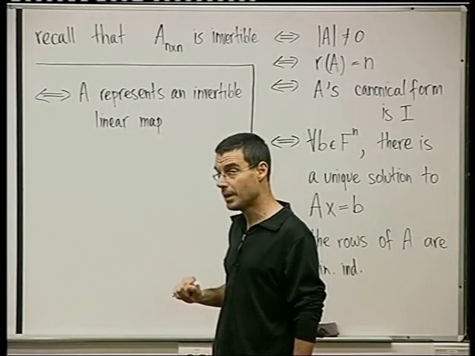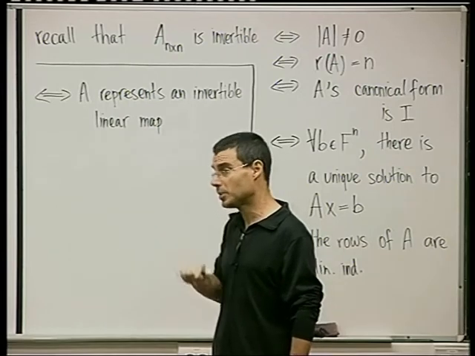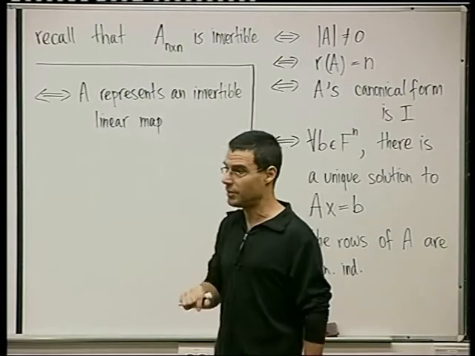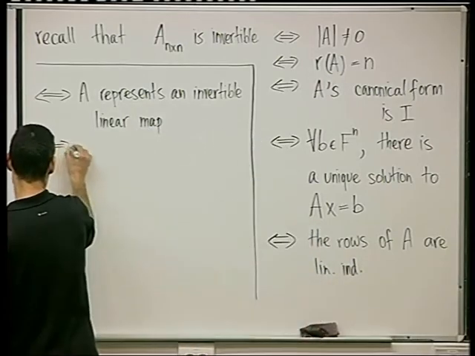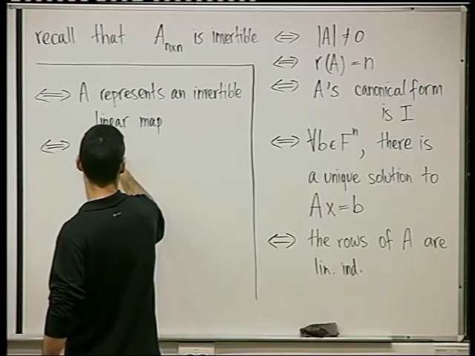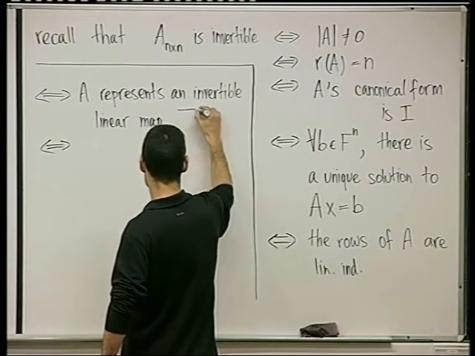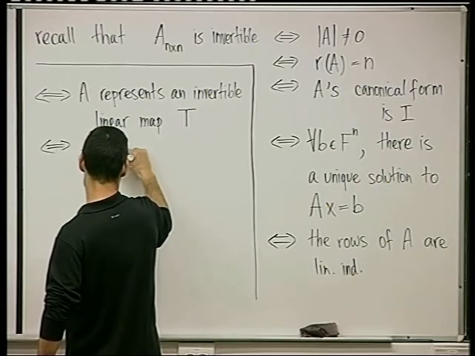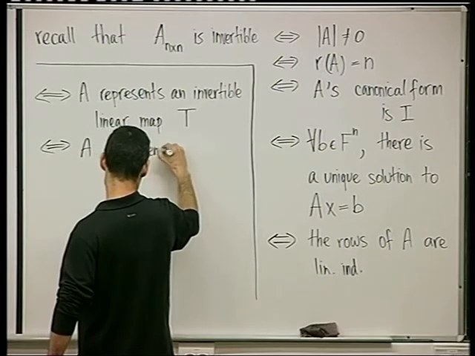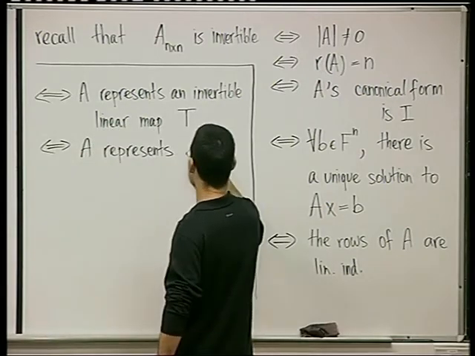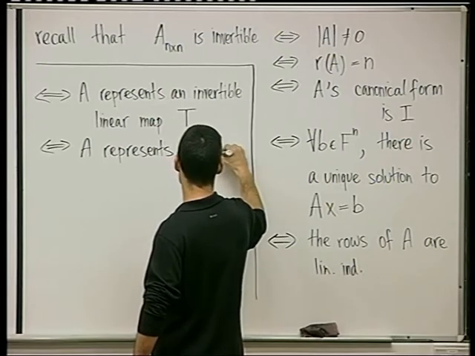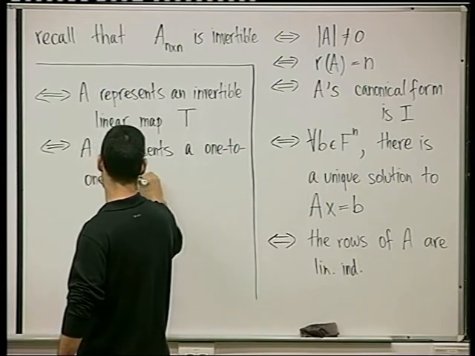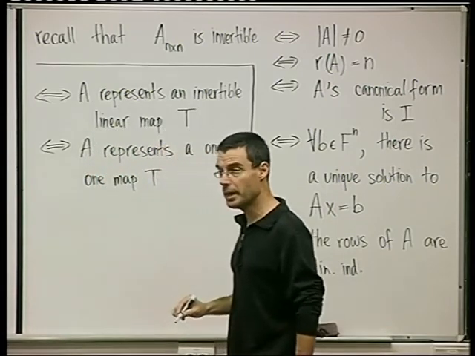Remember that theorem? If the dimension of V1 equals the dimension of V2, and T is a map between them, then it's one-to-one if and only if it's onto. So it's the same as saying that A represents a one-to-one map T, right?